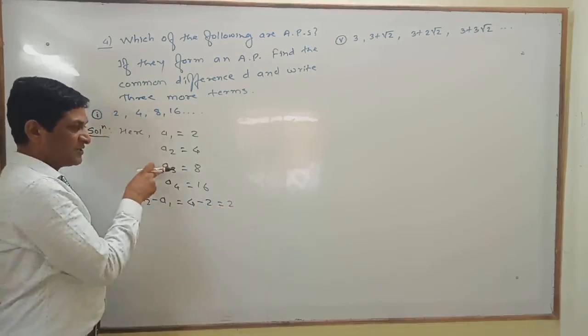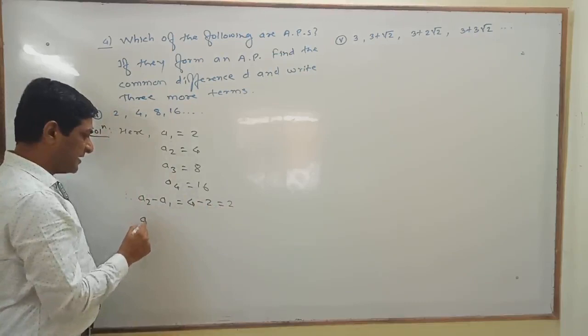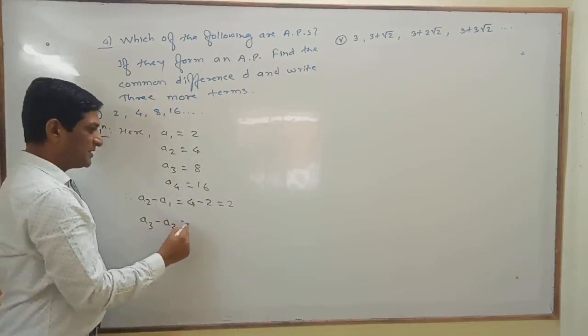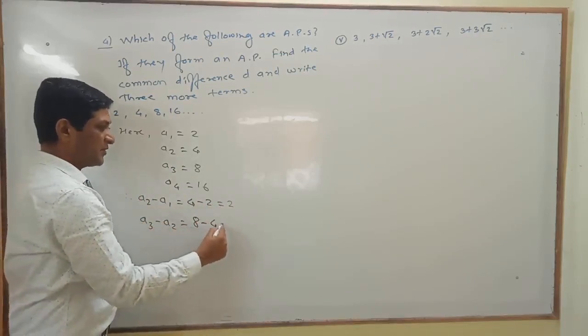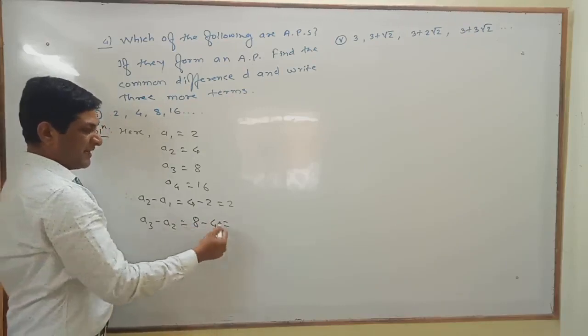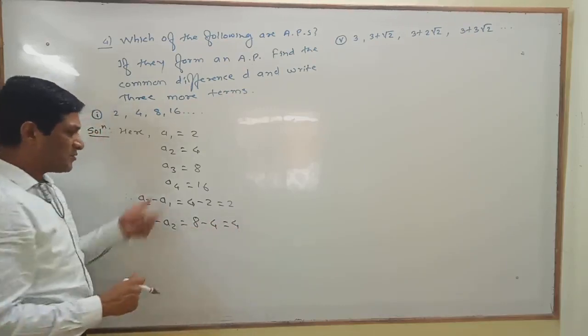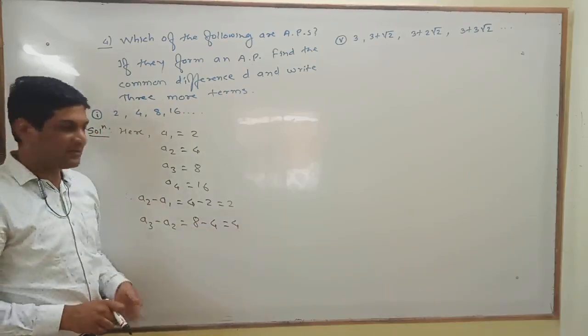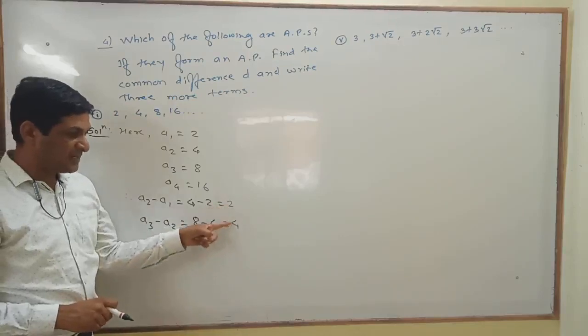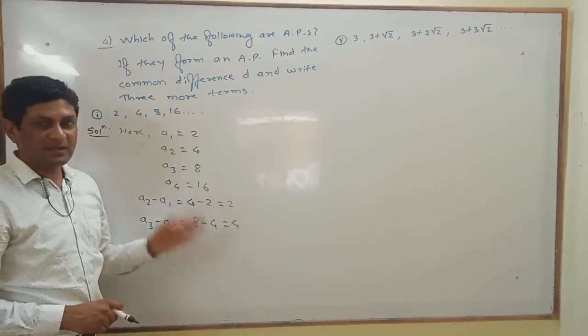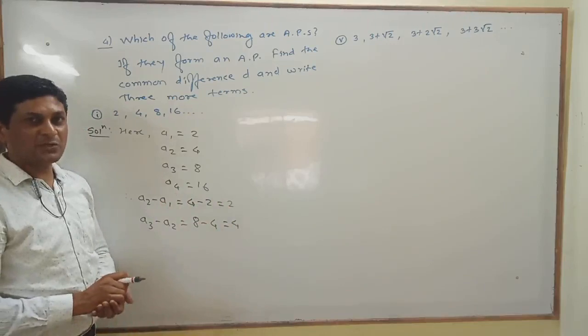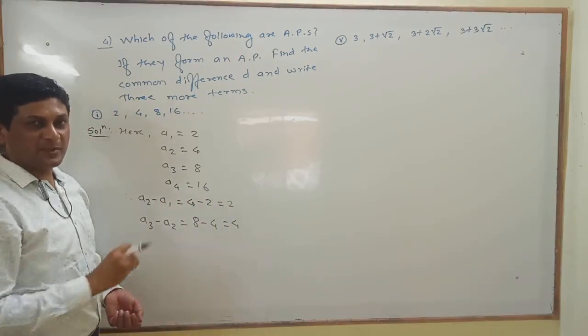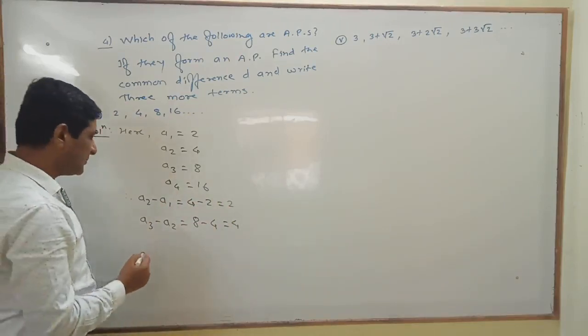Now find the difference of the third term from its previous term. Means A3 minus A2 is equal to 8 minus 4, which is equal to 4. It was not necessary to find the remaining differences, because here we can observe that these two differences are unequal, and this is sufficient to say that the given list of numbers is not in arithmetic progression.